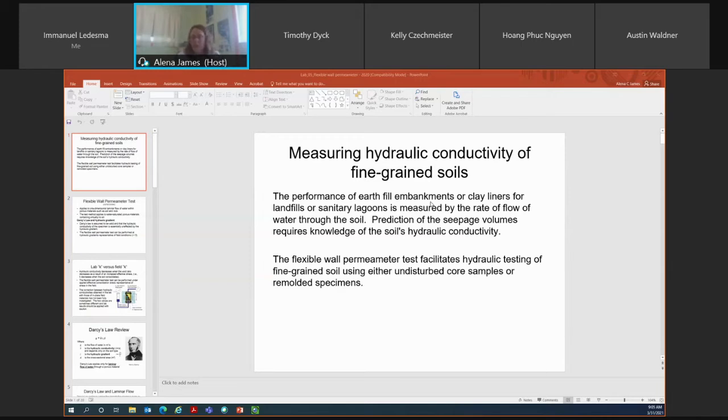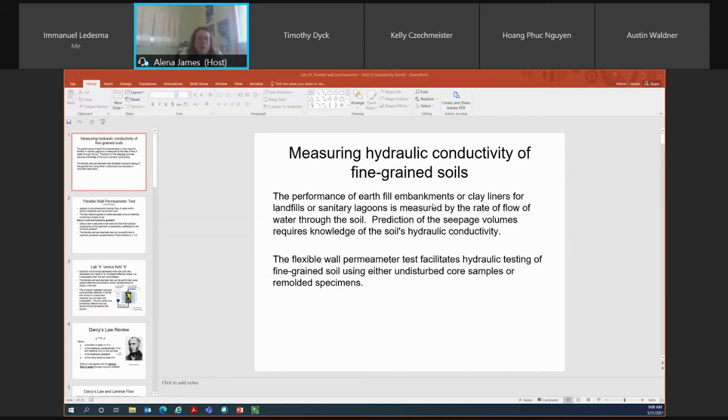So we need to have an understanding of its conductivity to determine if it's actually going to hold back water, because there's no point in constructing an embankment that's not able to hold back water. So if people are dependent on this embankment for keeping their houses dry and their community safe, we need to ensure that we have a sufficiently low hydraulic conductivity.